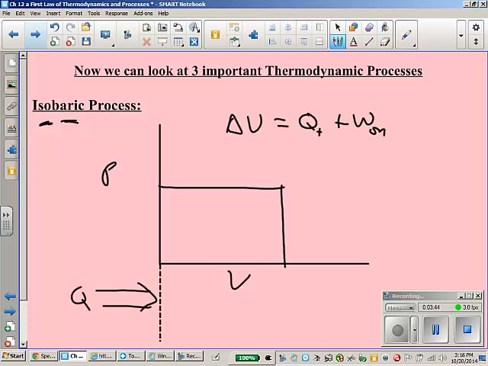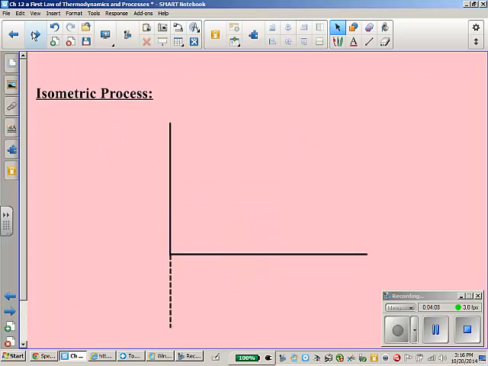So we're going to use the first law of thermodynamics to figure out what's going to happen here. In this case, if the gas were expanding, again, we'd have positive work being done on the gas. And we've got to sort of think our way through. Gee, I added heat, work was done on, so the temperature must have increased. The temperature must have changed. The lab activity we have designed for today is to get you to think about how these changes occur. And we'll show you that in just a second.